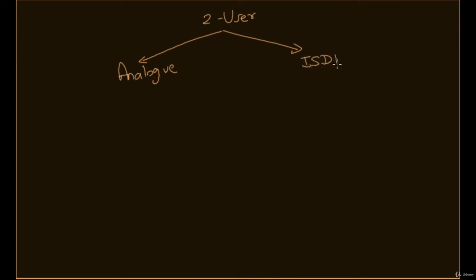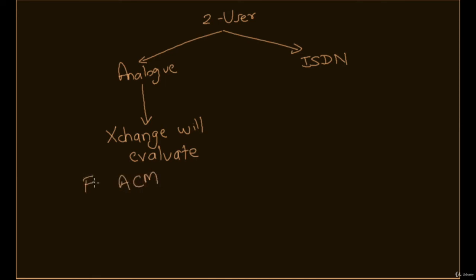In case of an analog user, the exchange itself will evaluate the status of the subscriber, and it will send the status of the subscriber in the ACM message. That is called early ACM.